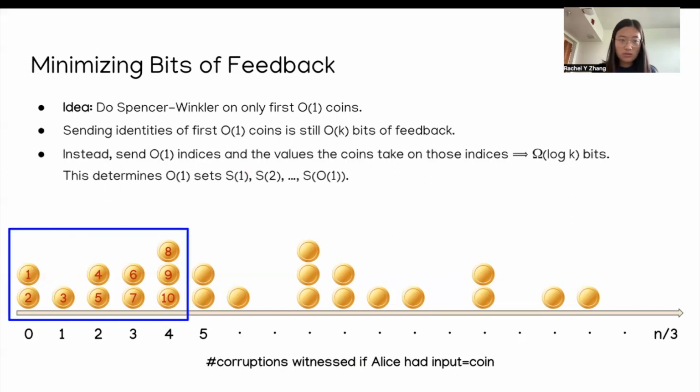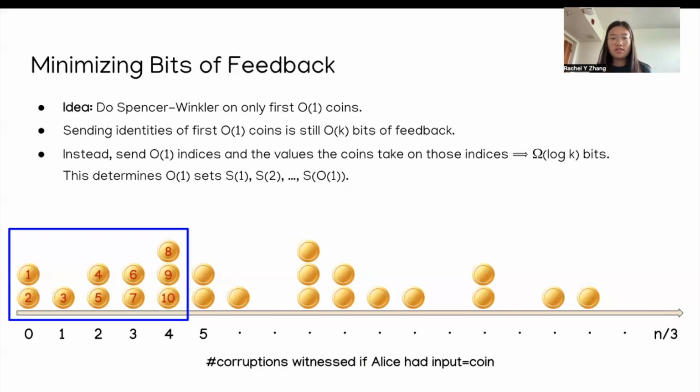But what we can do is send O(1) indices and the values that the first O(1) coins take on at these indices. This will be enough to separate all the coins, all k coins, into some constant number of sets, S1 up to S_O(1), with the property that the ith coin, where i is in the first like 10 coins, belongs to the set S_i.